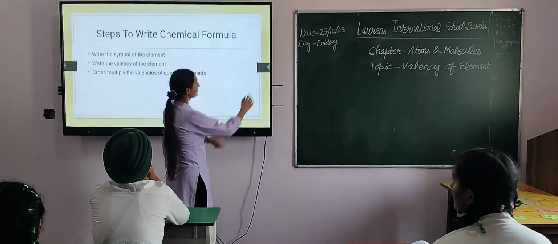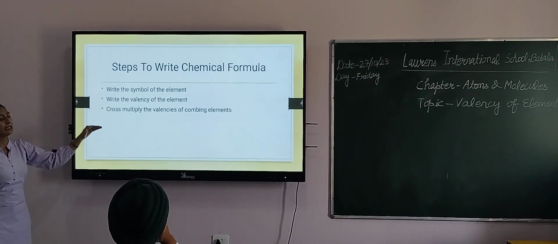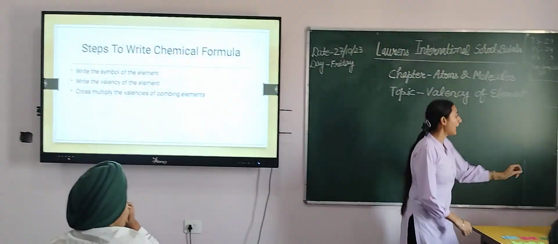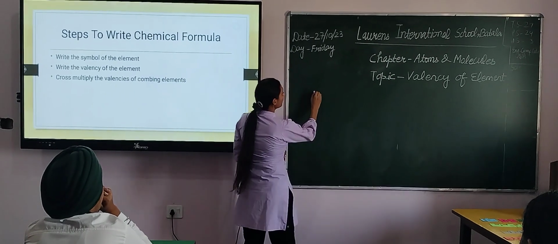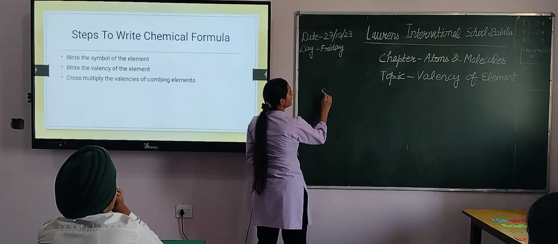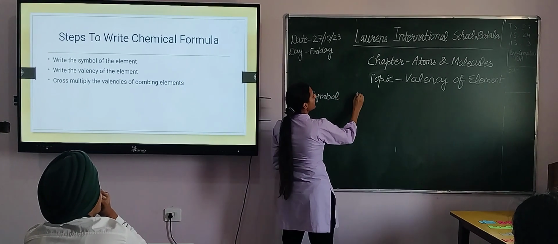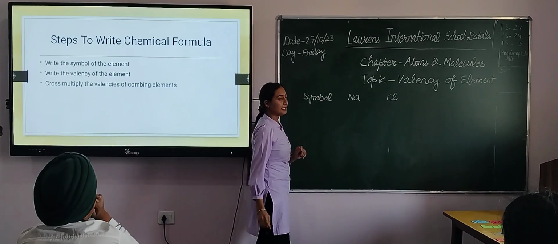In the next slide, I would like to introduce the different ways of writing chemical formulas. First of all, as you can see, I have to make the formula of sodium chloride. For that, what is the method? First of all, we have to write the symbol of each element. Its symbol is Na, and for chlorine I have to write Cl.